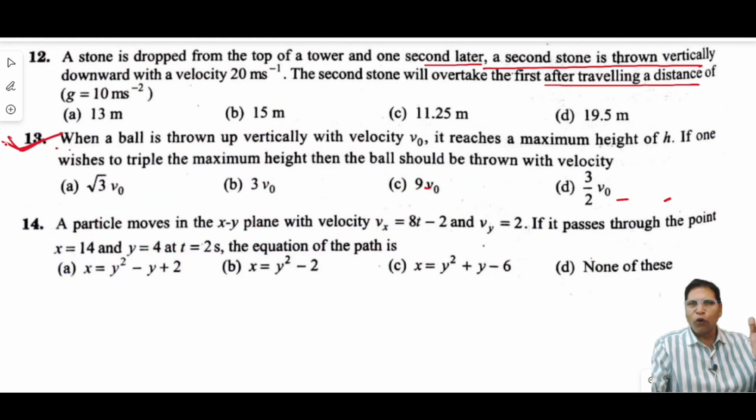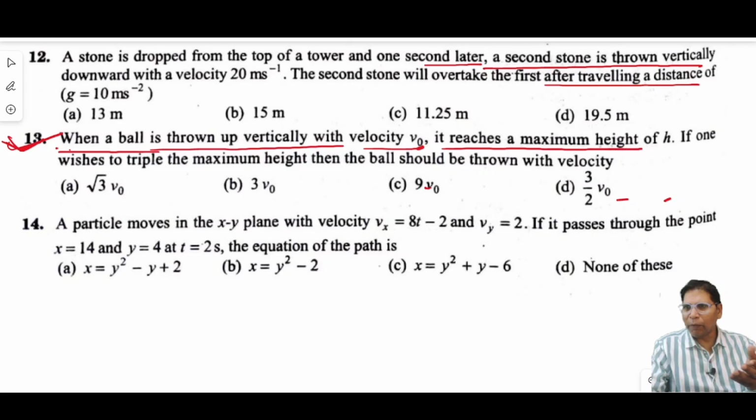Understood? Now question number 13. When a ball is thrown vertically up with velocity v0, it reaches a maximum height of h. So h equals v0 square by 2g.